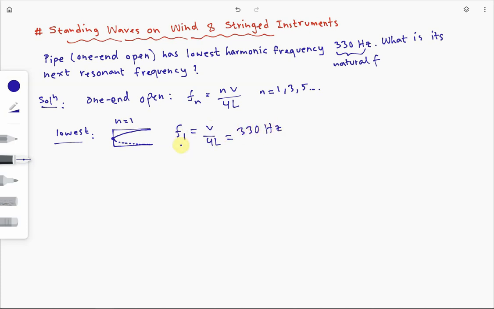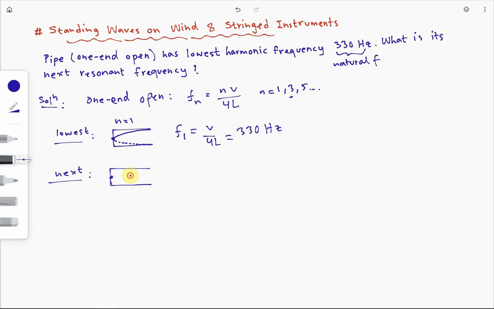Now what is the next resonant frequency? The next resonant frequency will be for n equals 3, meaning what does it look like then? We can add another node in between, right? For the same pipe, at the closed end it must have a node, and at the open end it must have an antinode.